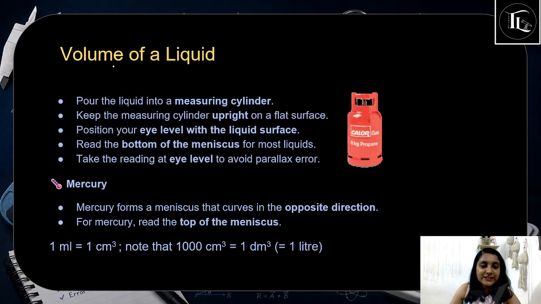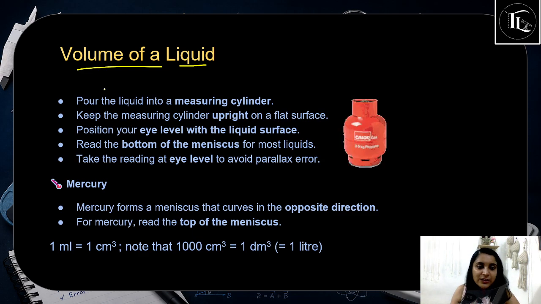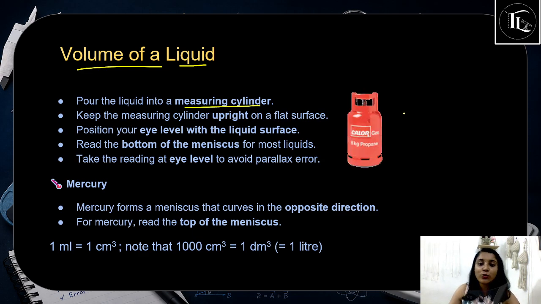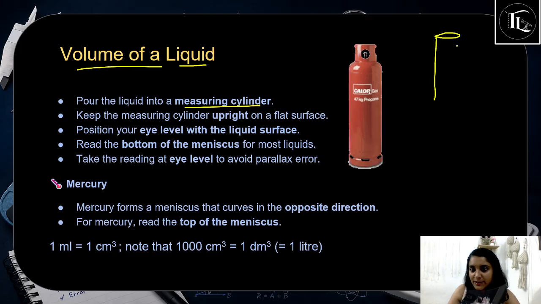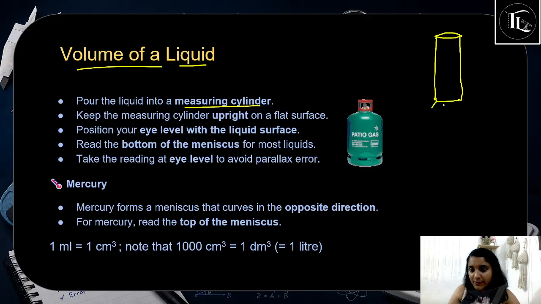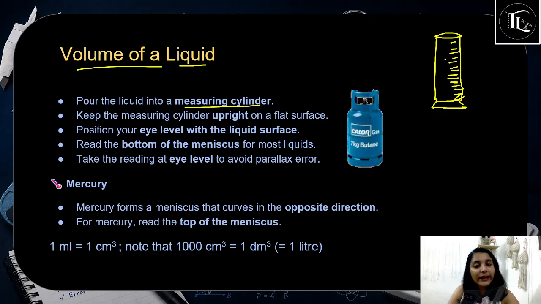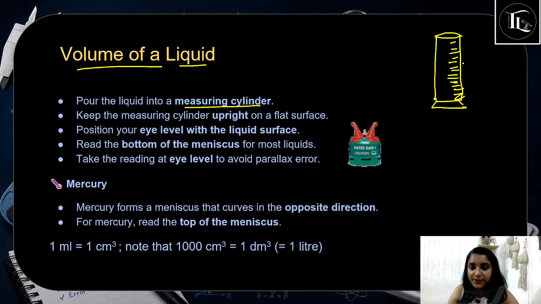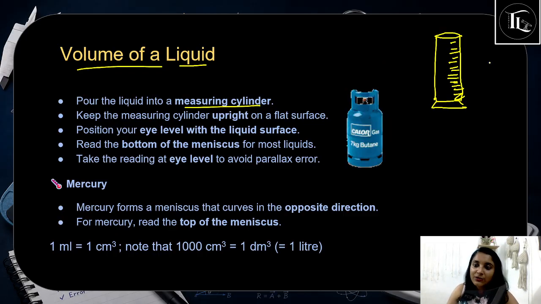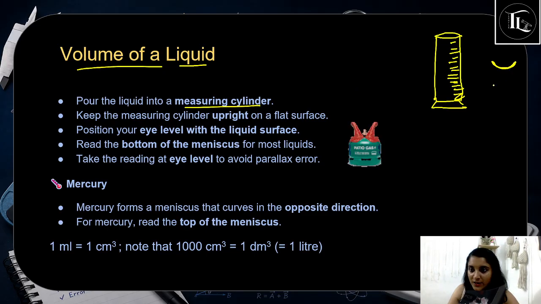Now, how do we find out the volume of a liquid? We'll pour the liquid in a measuring cylinder. If this is the measuring cylinder, there are some markings here. Once you pour it, you'll get to know how much the level is, right? But whenever the liquid is poured, it will curve either this way or this way. Now, what is this called?